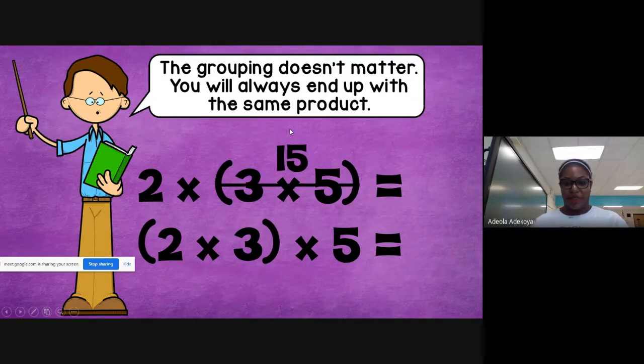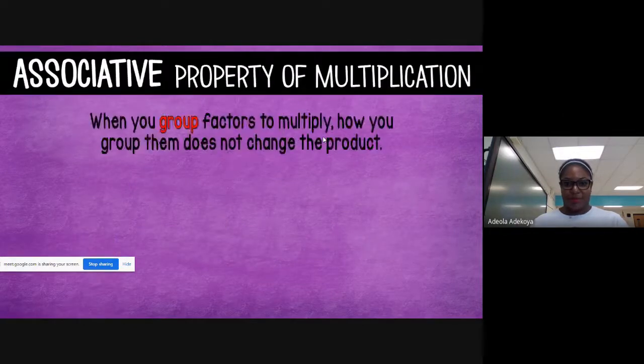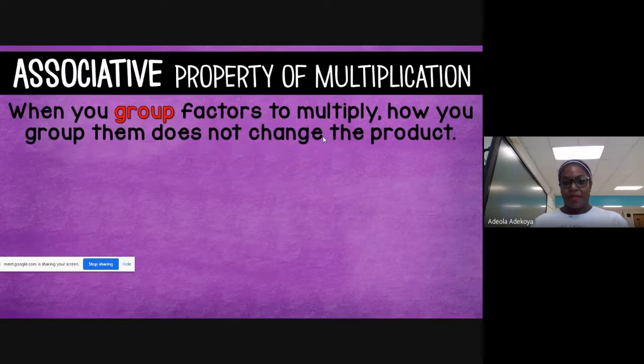For the next one, we're also starting with a parenthesis first. 2 times 3 is 6, times 5 will give you 30. So the way that these factors are grouped, it doesn't matter. Why? Because the product will always end up the same. This is the associative property of multiplication. When you group factors to multiply, how you group them does not change the product.